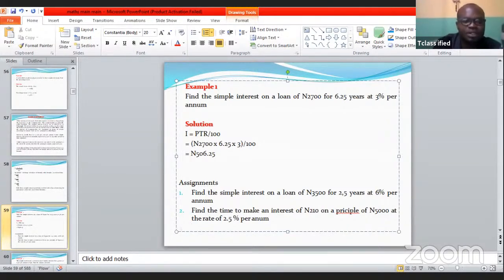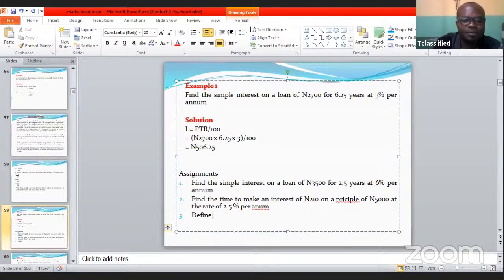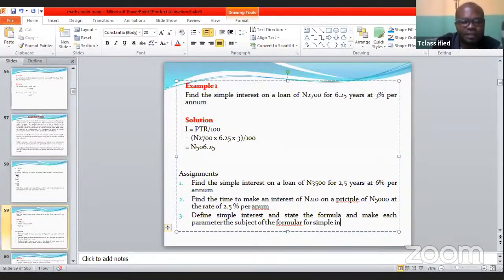Finally, define simple interest and state the formula and mark each parameter in the formula for simple interest.